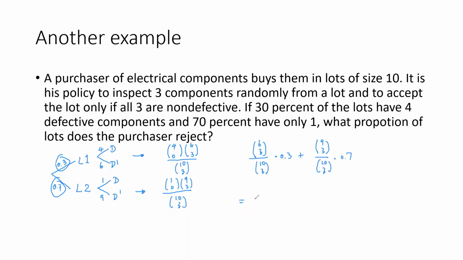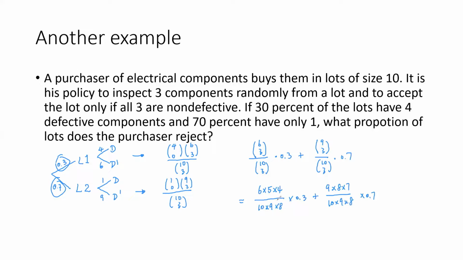The numbers are not that big, so we can do that. 6 choose 3 is 6 times 5 times 4 divided by 3 factorial, but then the bottom also has the 3 factorial, so we're going to simply cancel that out. 10 times 9 times 8 divided by 3 factorial, but 3 factorial will be canceled out. And similarly, you have 9 times 8 times 7 divided by 10 times 9 times 8, multiplied by 0.7.